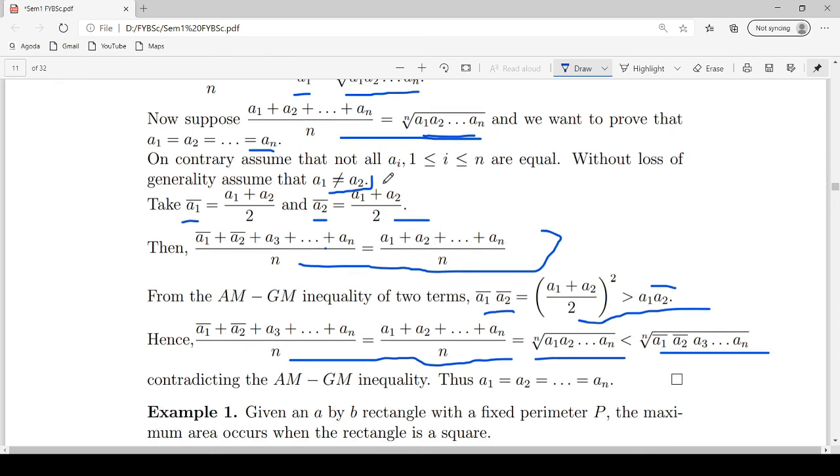Therefore, you can conclude a1 not equal to a2 is not possible, and thus a1 is equal to a2 is equal to a3 up to all are equal to an. So in that way, we have proved that the arithmetic mean is equal to the geometric mean if and only if all a1, a2, an are equal to each other.